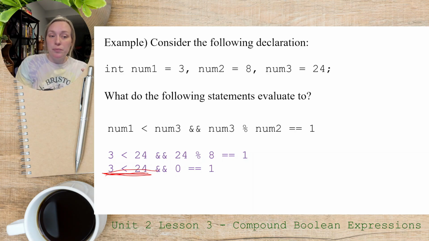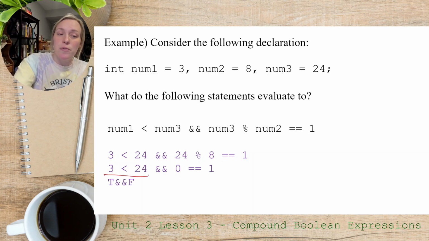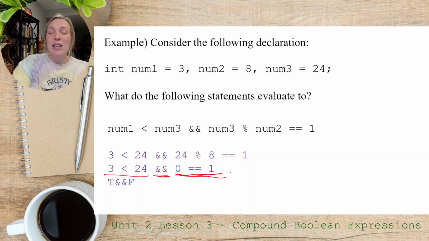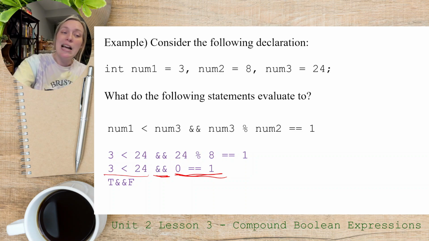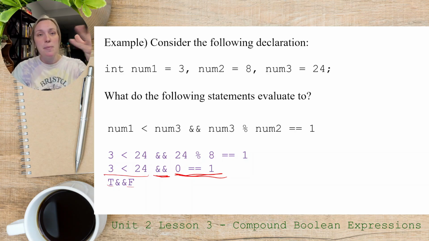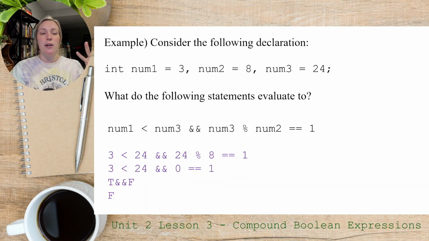That is true. So that happens. And then I have my relational over here. Is 0 equal to 1? That's false. So that's how I get true and false here. And then my last step is to do that Boolean operator that will evaluate to false.